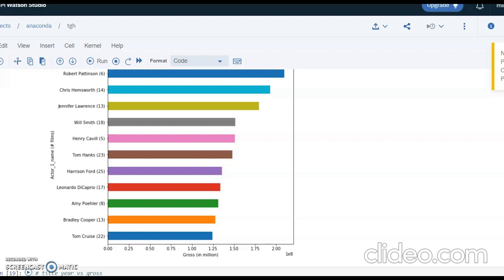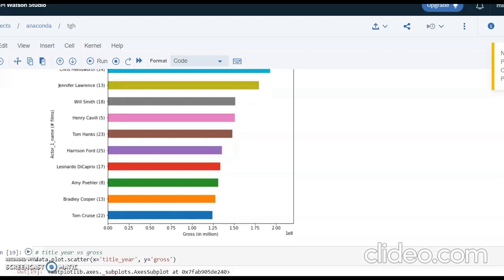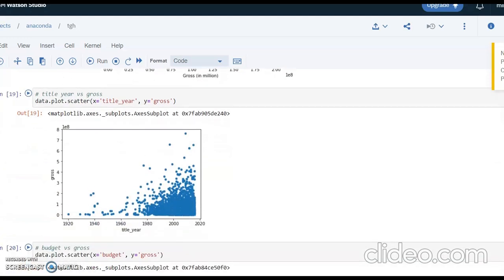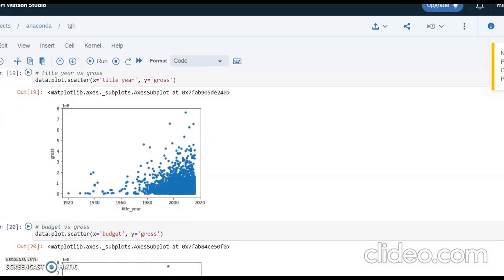Like Rob Pattinson was in the Twilight movies, and Chris Hemsworth was in the Avengers movies. So one thing that correlates with sales is that these actors are in recurring movie series.